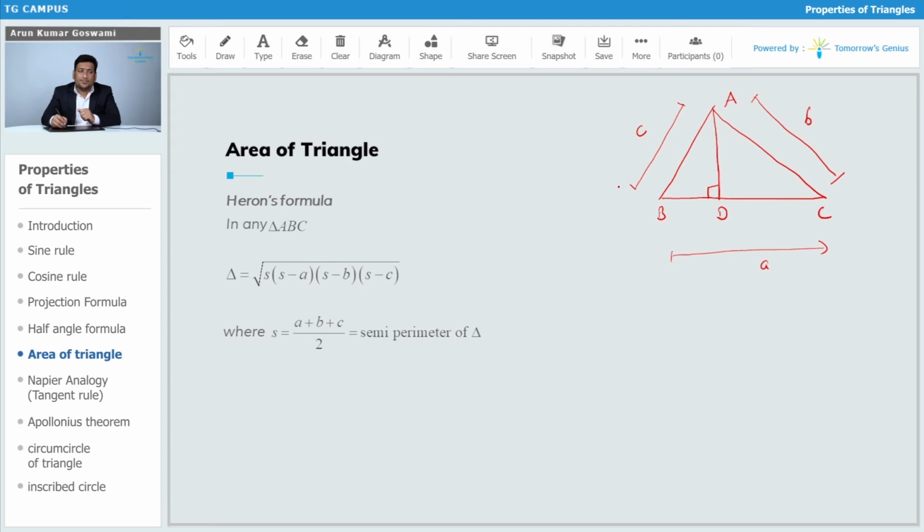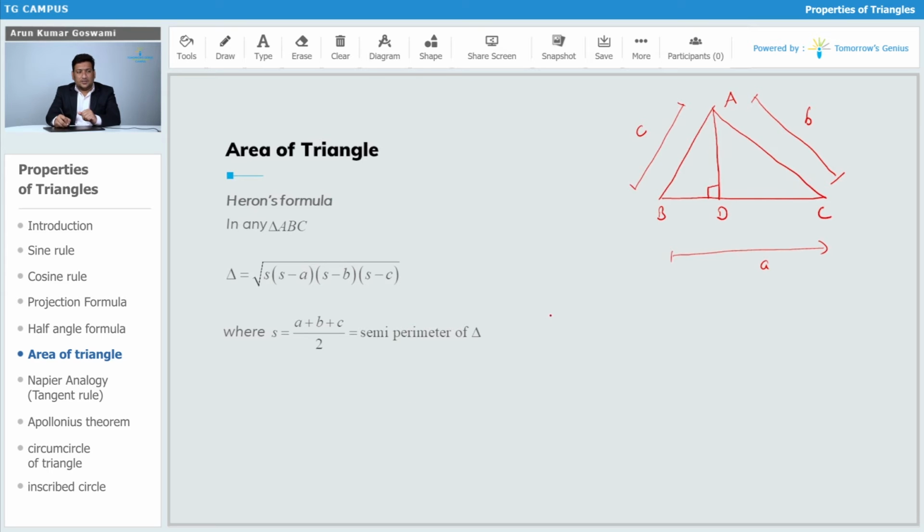How to prove this formula? There's a simple thing, we only have to use the Pythagoras theorem. But how to use that? Why have I taken this perpendicular here to use the Pythagoras theorem? That's the most important part. But not just the Pythagoras theorem, probably we have to use some sine and cosine rule here. Okay, let's see what will happen.